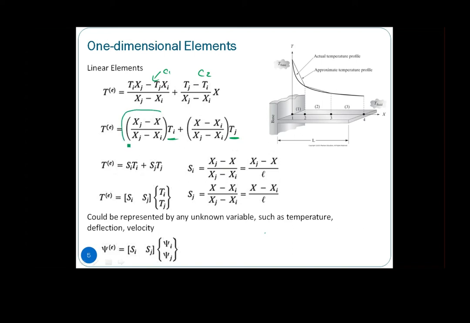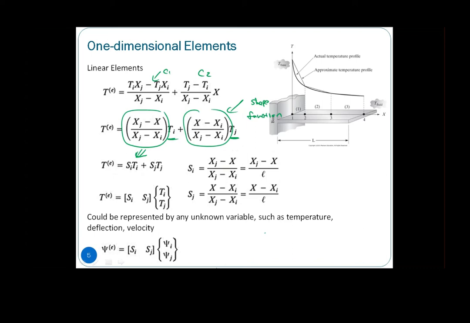That is what we call the shape functions. This can be simplified, and it equals this. This equation gives T element equals Si Ti plus Sj Tj, where Si is the shape function at node i, and Sj is the shape function at node j.